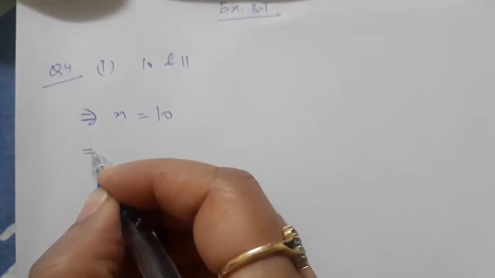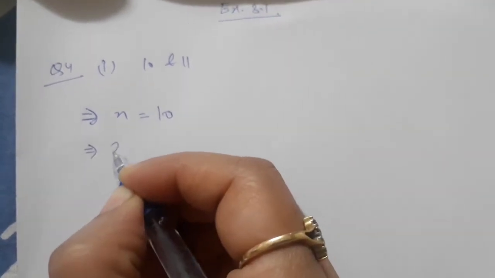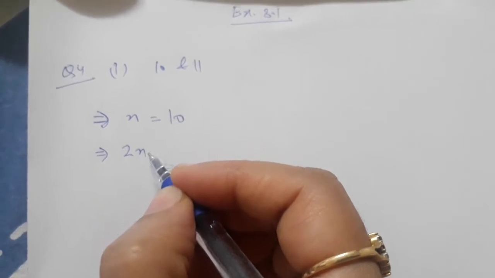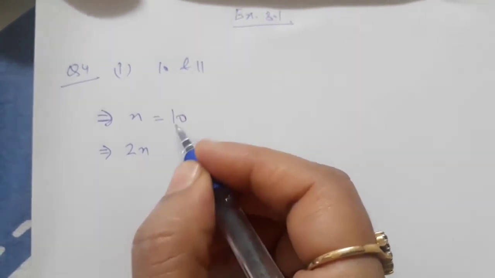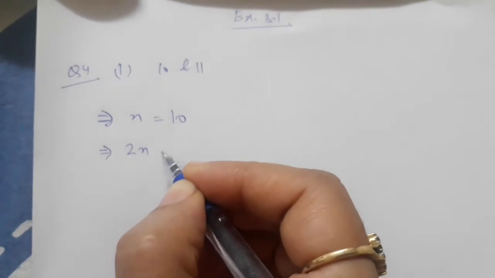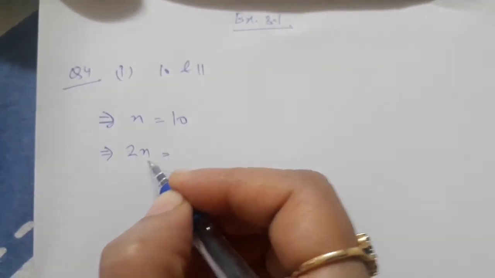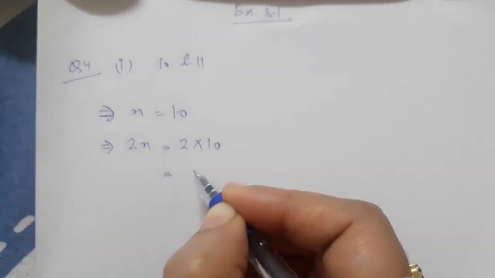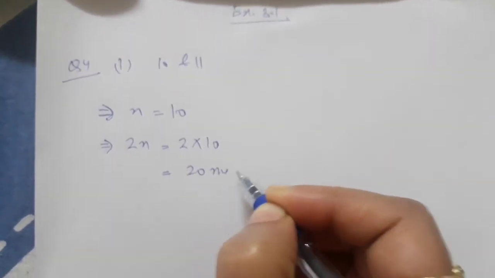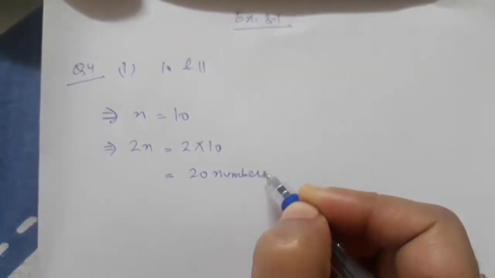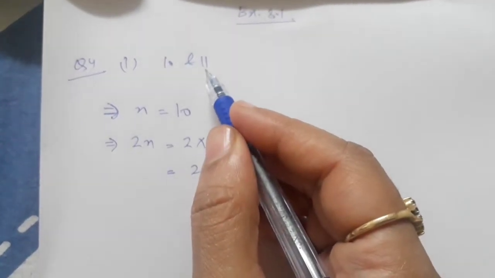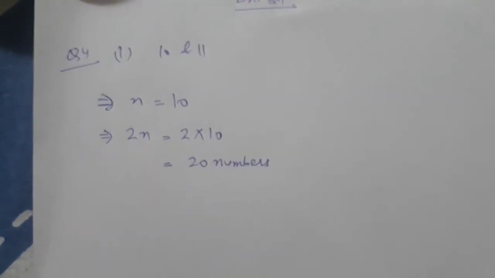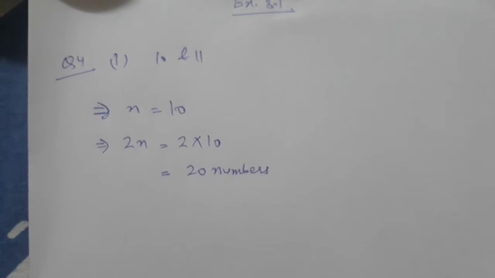Then we double that number, that is, multiply it by 2. So n is 10 and 2n would be 2 into 10. So 20 numbers are lying between the squares of 11 and 10, which are 121 and 100. So 20 is our answer.